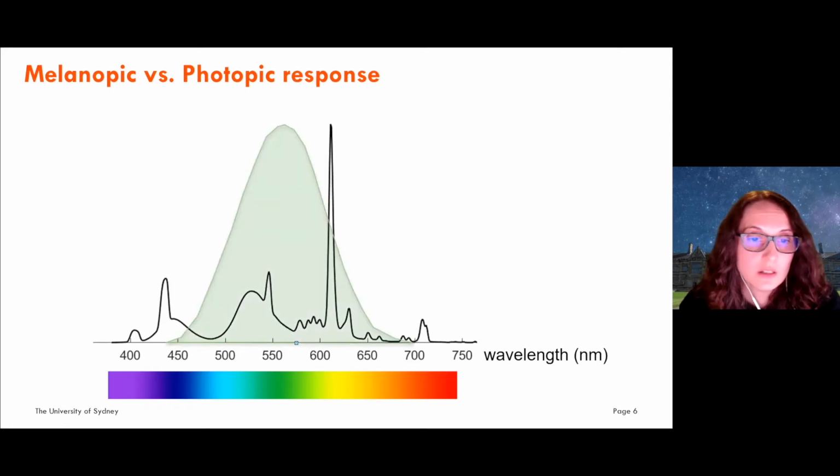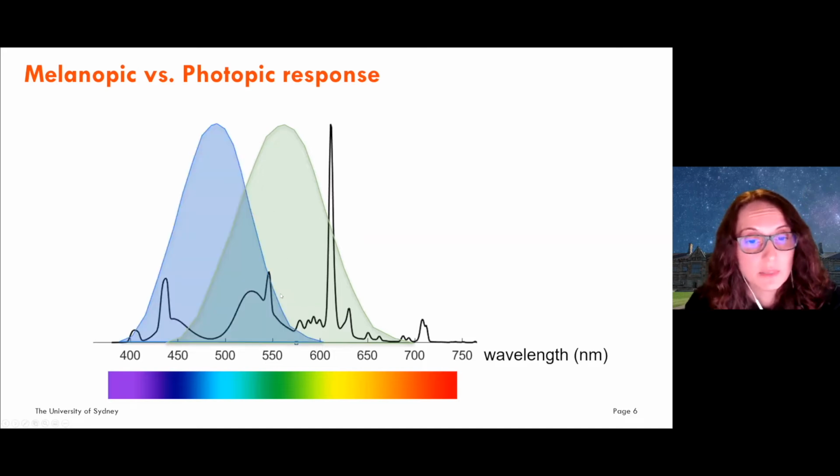And if we look at the photopic sensitivity, shown here in green, it peaks around 555 nanometers. And if we look at the melanopic sensitivity curve, it peaks in the blue range. So the circadian system is more sensitive to blue light.